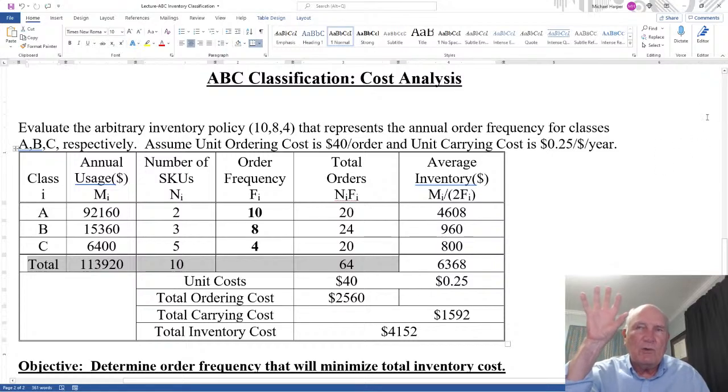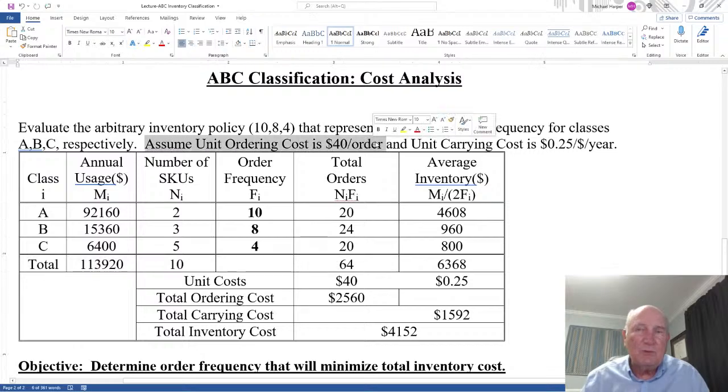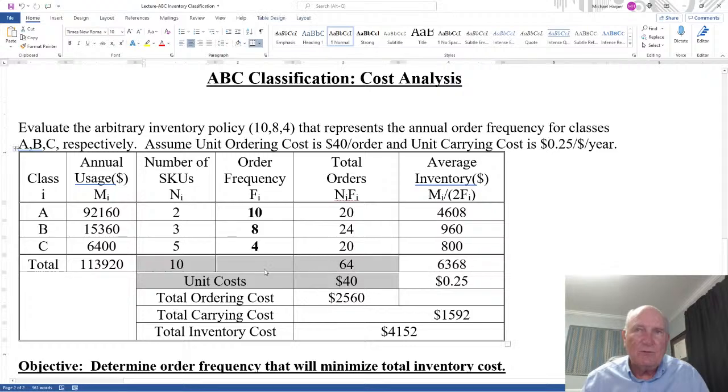That's all the orders they're going to be placing over the year. Let's assume our unit ordering cost is $40 per order. So I bring it down here. My unit cost is 40. 40 times 64 turns out to be $2,560 over a year.